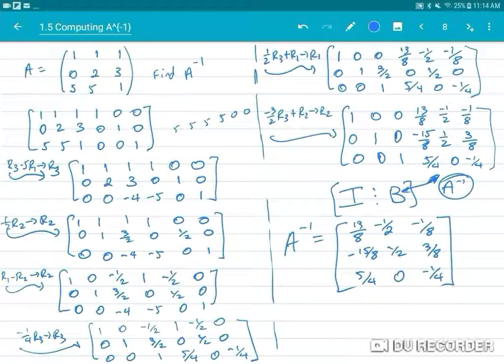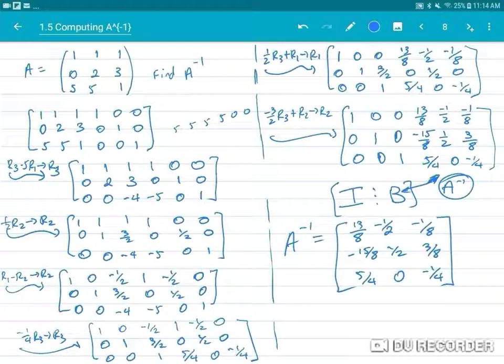Okay, so you notice that I did one row. I took care of one row at a time. I could have done multiple steps at once, but usually what happens is if we do that, we make mistakes.